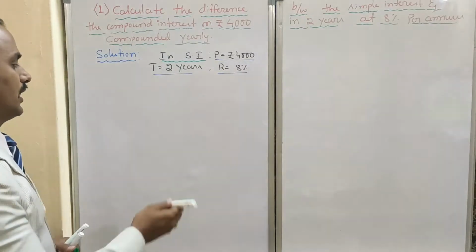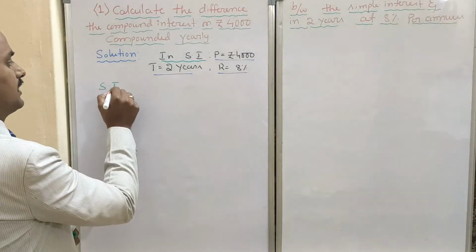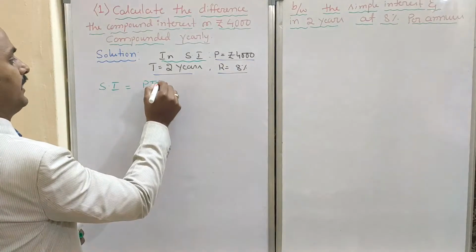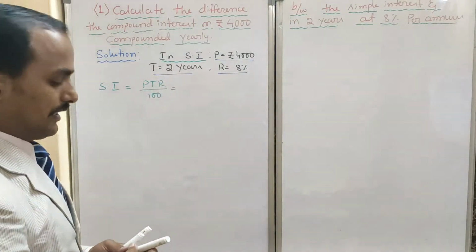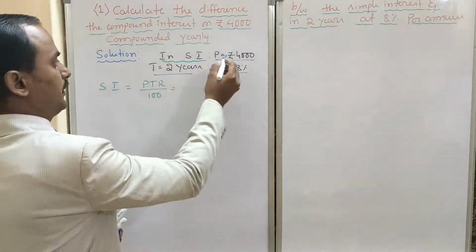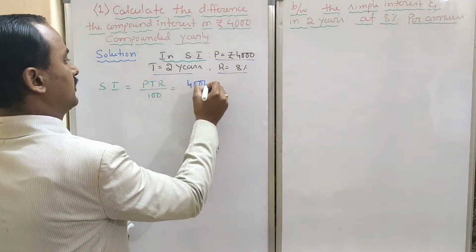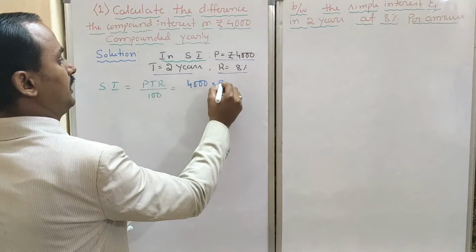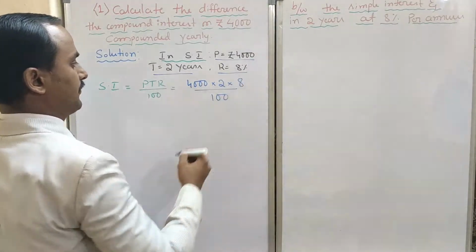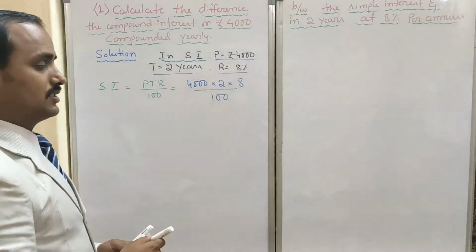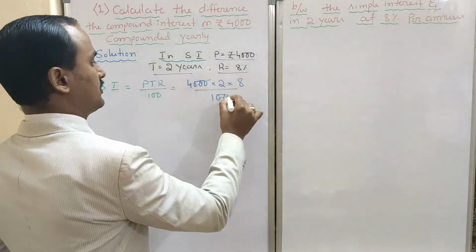I will write the formula first. Simple interest is equal to PTR divided by 100, dear children. Shall I substitute the values? Look here. Principal amount is 4,000 into time 2 years into rate of interest 8 divided by 100. Simplification: the two zeros in the numerator and denominator cancel.